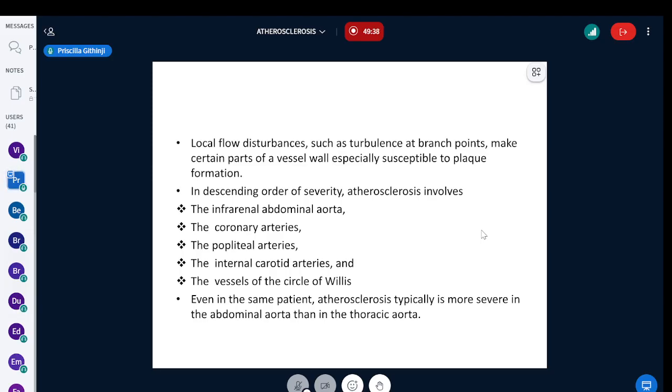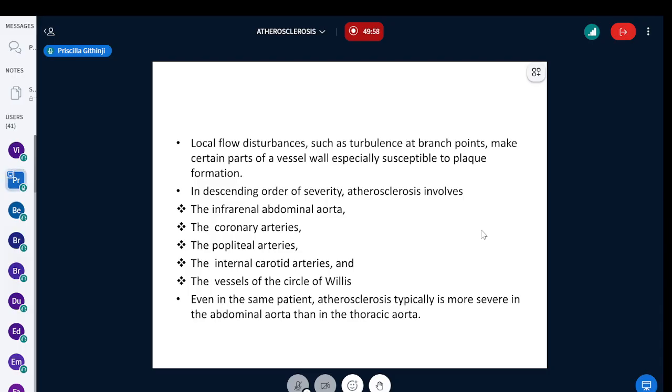Then we have popliteal arteries, and then the internal carotid arteries and the vessels of the circle of Willis.